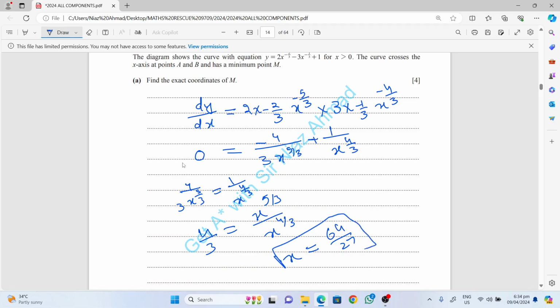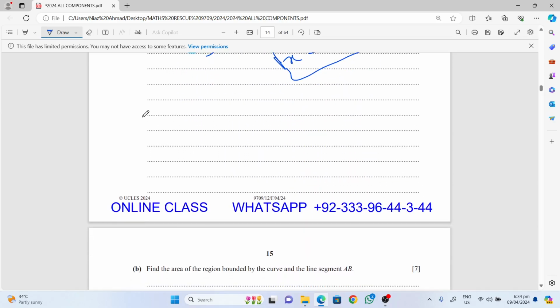This is my x coordinate. And if it is my x coordinate, then what will be my y coordinate? So in y coordinate, when I put my 64 by 27, the power negative 2 by 3 minus 3, 64 by 27, the whole power is negative 3 plus 1.